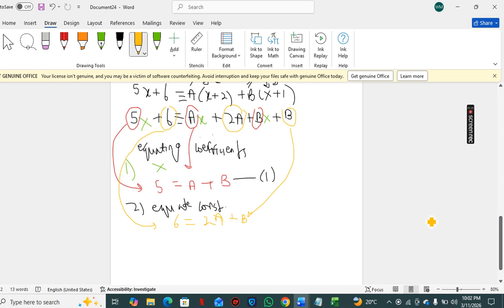Any questions? This is equation 2. We want to find A and B, okay? So equate coefficients, then equate the constants, numbers without x.